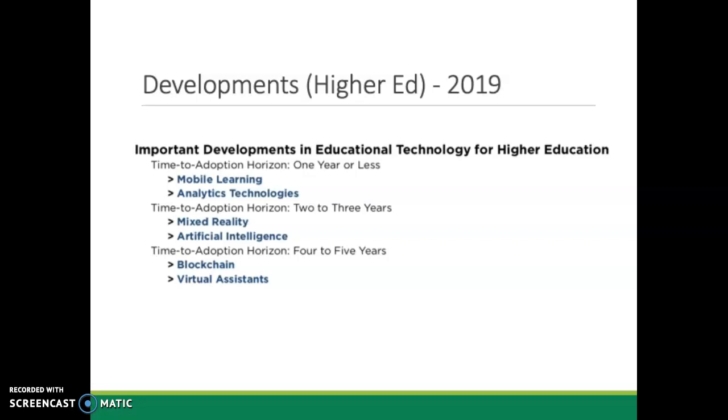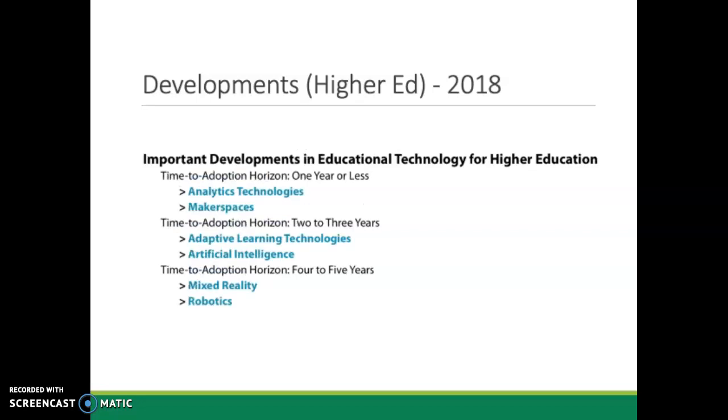So let's take a look at some of the technology topics for 2019 for higher education. They have mobile learning, analytics technologies, mixed reality, artificial intelligence, blockchain, and virtual assistants. I think some of these which are at the bottom will take us a little bit more time to get to, but we are heading in that direction.